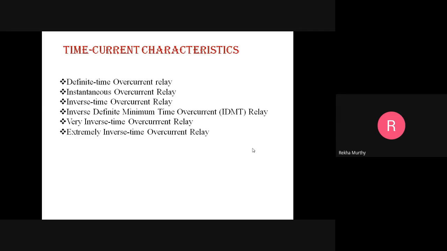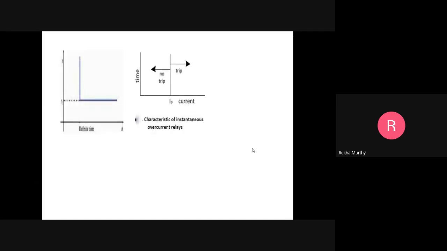Here also the attracted armature type relay shows this type of characteristic. The characteristic looks like this, and immediately it will react. There is a boundary, the pickup value, the maximum current where the relay has to sense the fault. If the current is above that, the relay has to trip. If it is below that, the relay should not trip. That is the boundary.